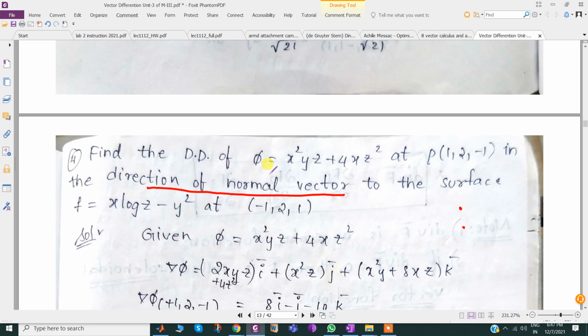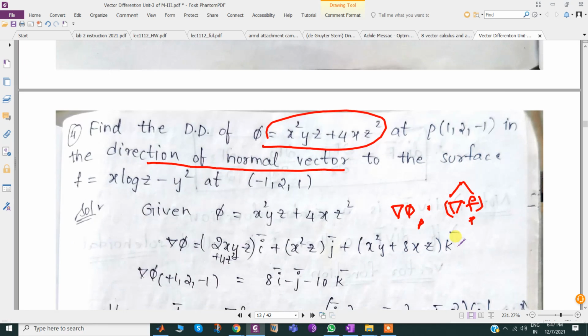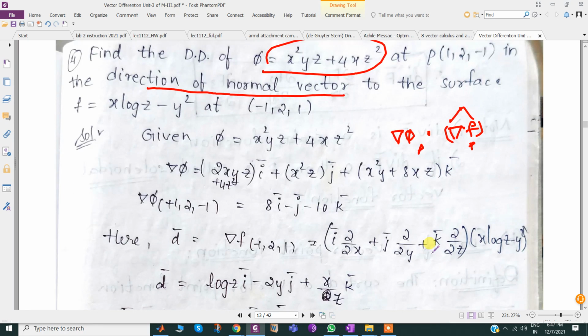So first the surface is taken as phi, then del phi at P, dot product. Let it be another surface psi or f, del f at the same point. Okay, this unit vector is supposed to be used, so cap I used, that makes the directional derivative.